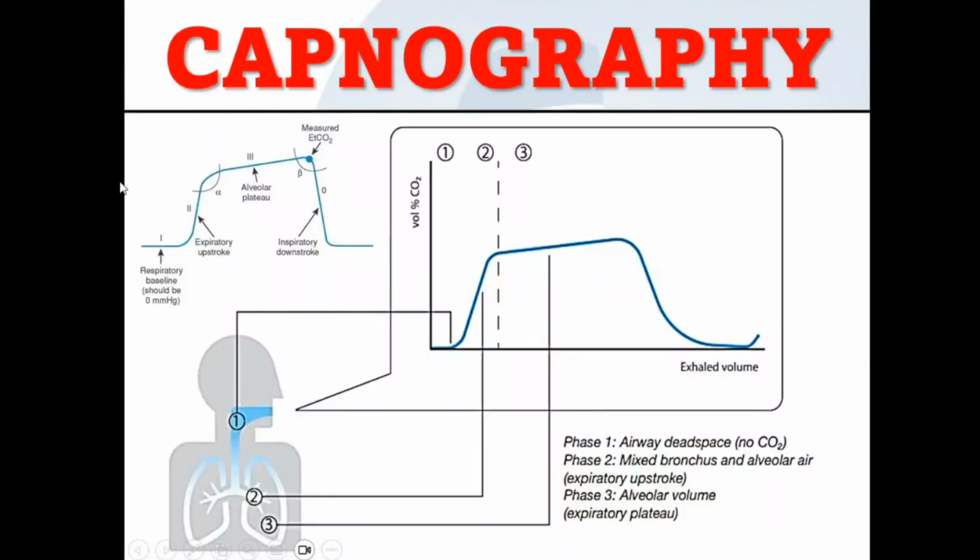If you look at it, ignore these numbers. I just want to show the values. What is important here is that your capnogram is divided into two phases, the inhalation phase and the expiration phase. The earlier part of the capnogram is from your airway dead space. When you exhale, whatever gas mixture is in your trachea and above comes out first.